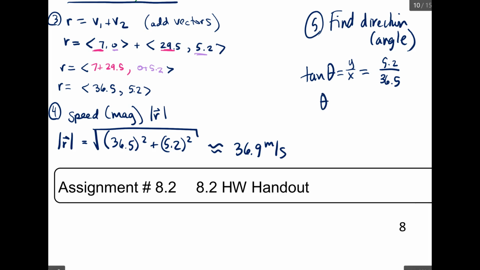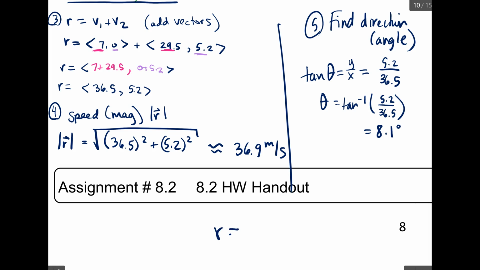So our angle is just going to be tan inverse of 5.2 over 36.5, also known as 8.1 degrees. So, ready for the final answer? 36.9 meters per second at 8.1 degrees.